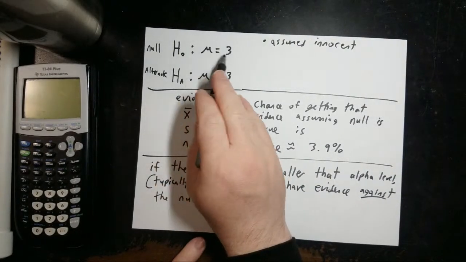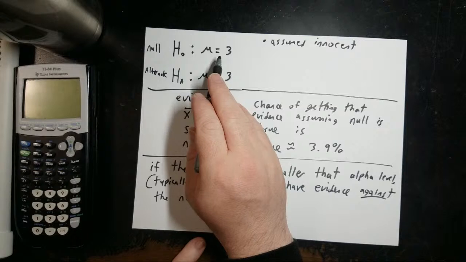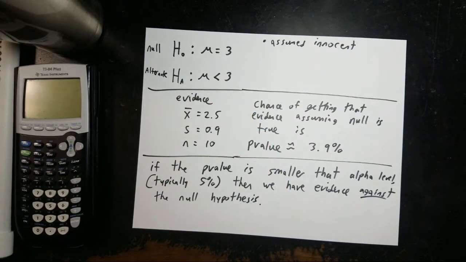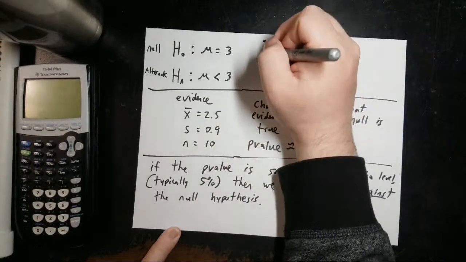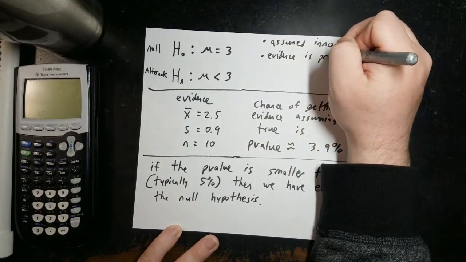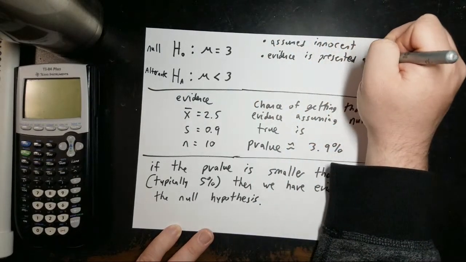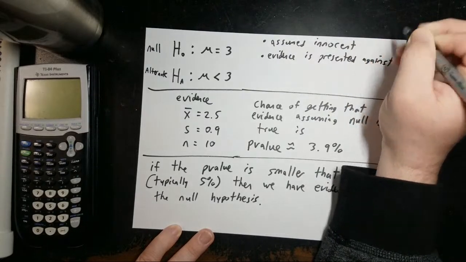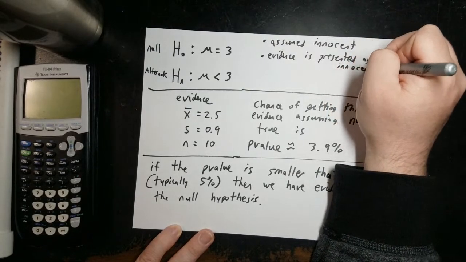Now, in this case, the 3-minute population parameter, we're assuming innocent. We're assuming nothing's going on. We're assuming nothing out of the ordinary. Then evidence is presented against innocence.